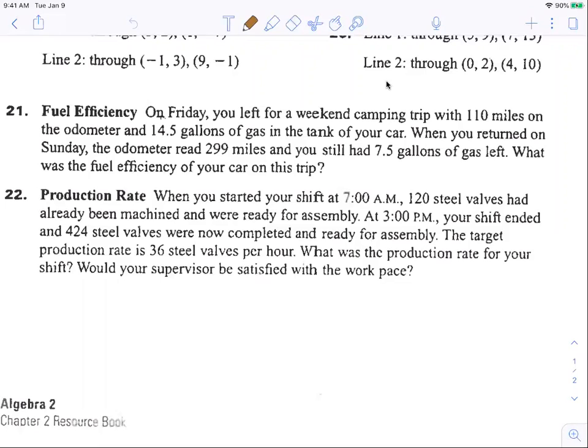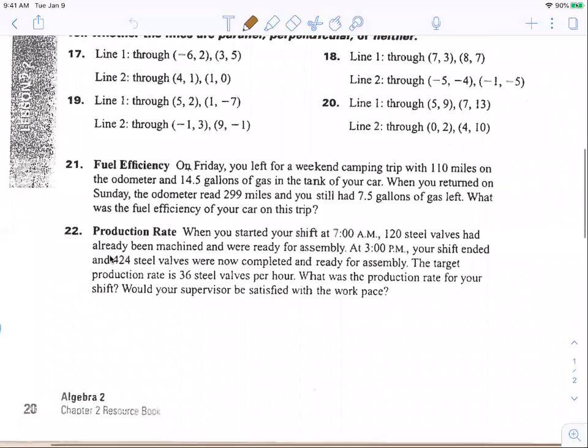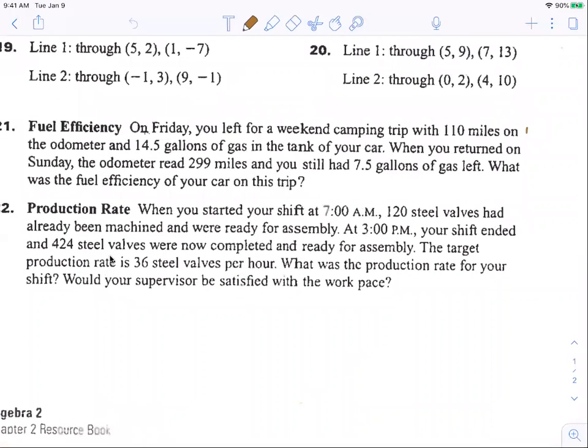Then after I've driven, I now have 299 miles and I still have 7.5 gallons of gas left in the tank. Our goal is to figure out the fuel efficiency of the trip. Fuel efficiency is usually looked at as miles per gallon.